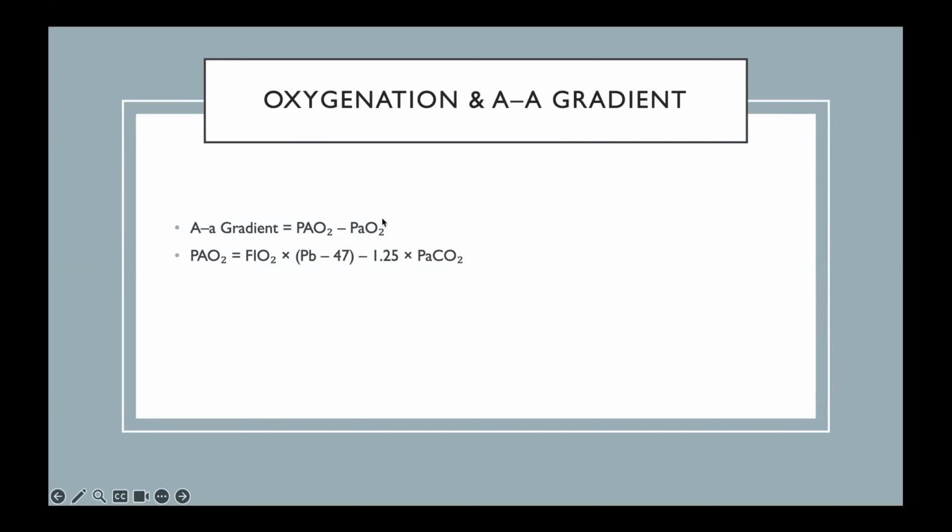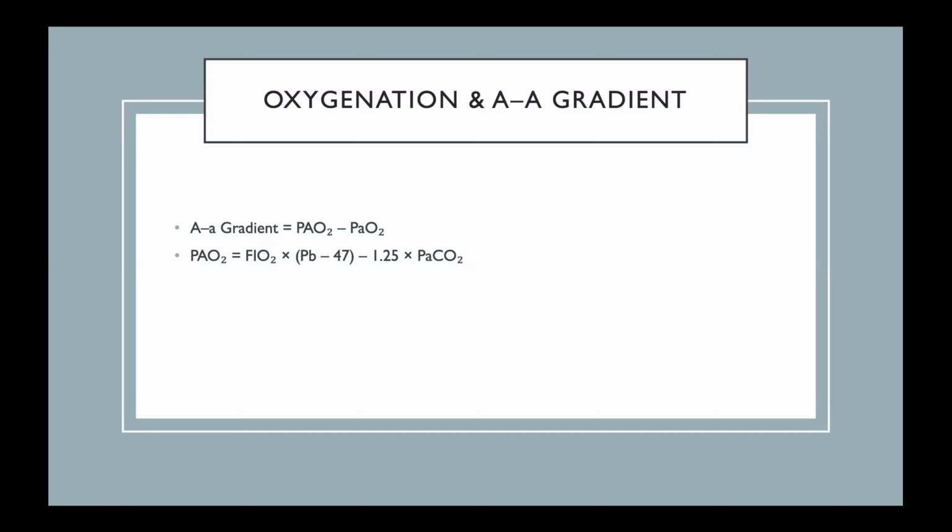How do we check the alveolar gradient? It all depends on the carbon dioxide you see in the blood gas, because all the other things we know. FiO2 in room air we know; otherwise, if the patient is ventilated, we must know what FiO2 has been set on the ventilator machine. That has to be taken into account if the patient is not on room air.